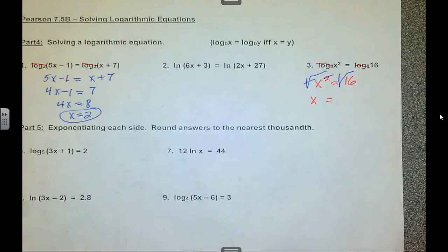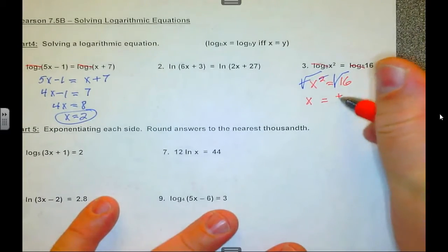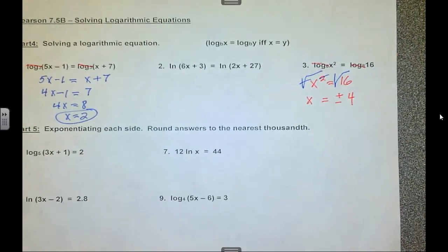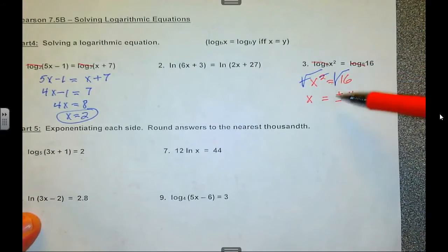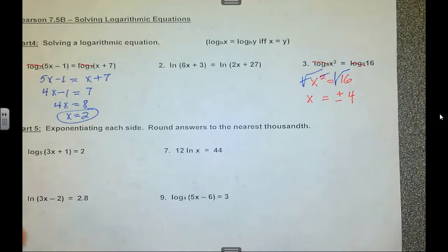No, it's not just 4. Not 4i. Plus or minus 4. Okay? That plus or minus, remember, when you're taking a square root of an equation, you have to have that plus or minus. Don't forget that.